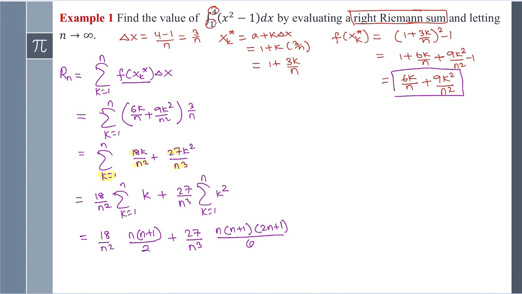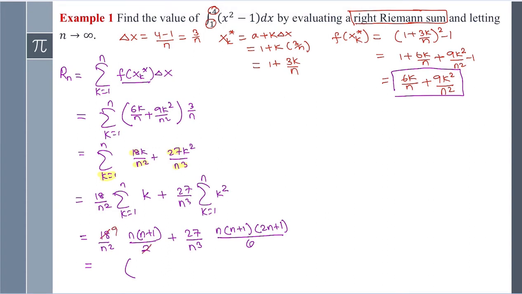Now let's go ahead and simplify this. Here we have 18 over n squared, sorry, it's not 18n2, it's n squared. When we multiply this, we can cancel out here: 2 goes into 18 nine times.